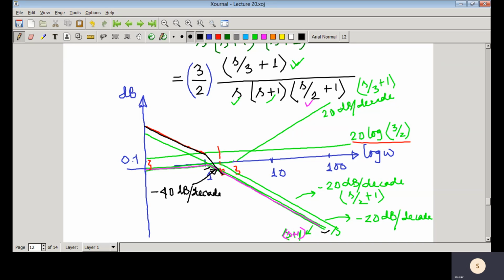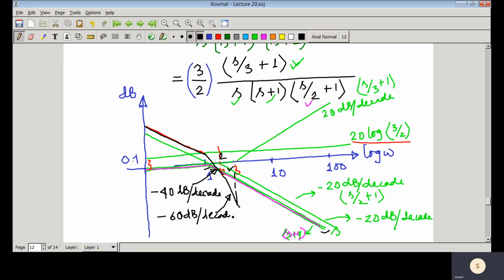And then we can see that from this particular point, this is the 2 point, 2 and 3, there is another slope. So from 2 to 3 this slope is equal to -60 dB per decade.